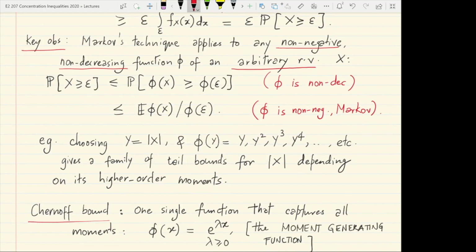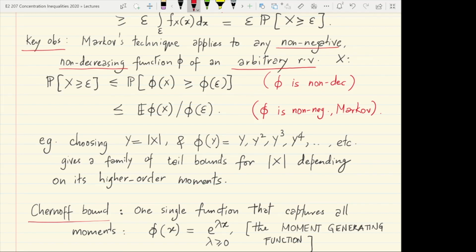So for example, if we choose Y to be the modulus of X, and phi of y equal to y or y square or y cube or y raised to 4, notice that phi is non-negative and non-decreasing on y which is non-negative.